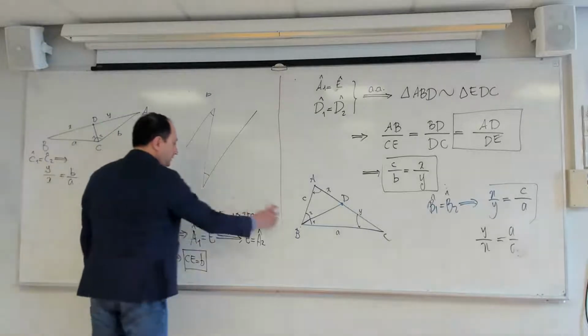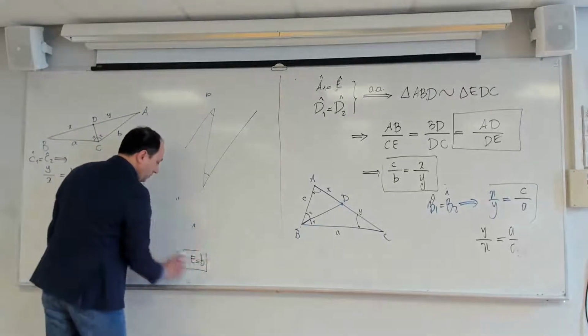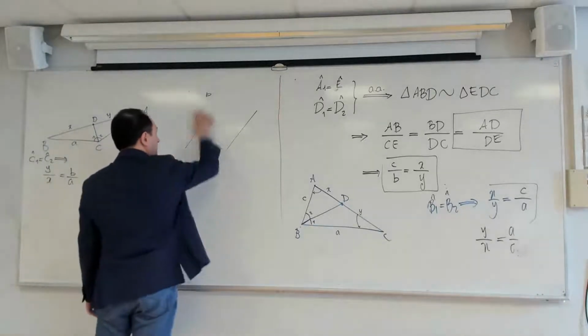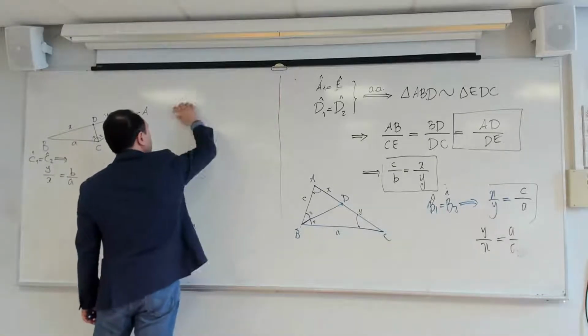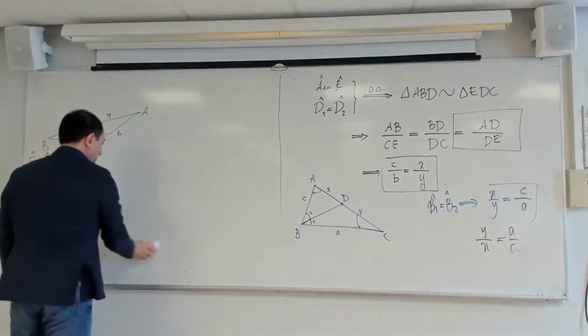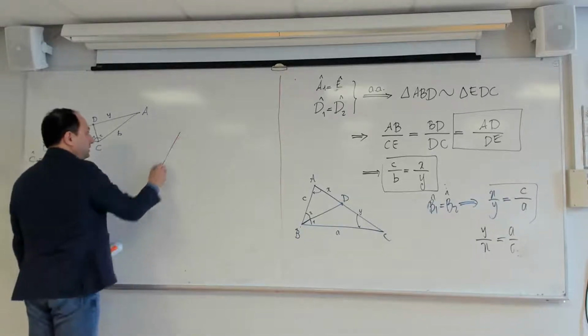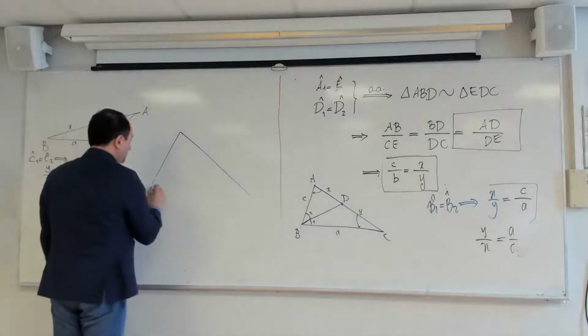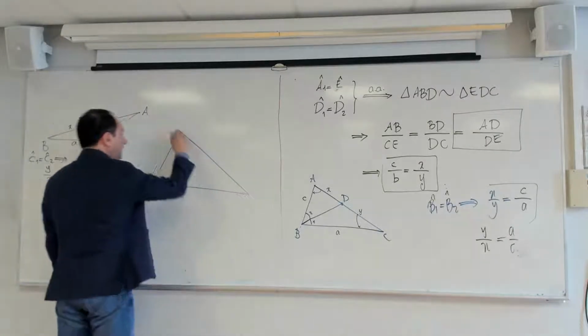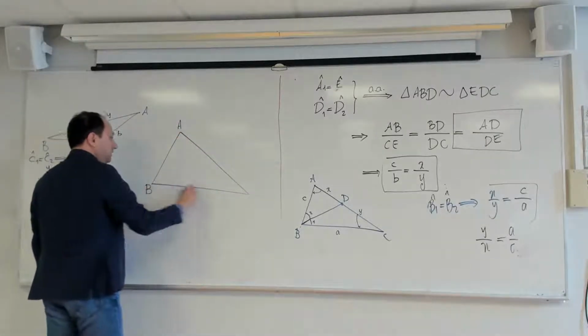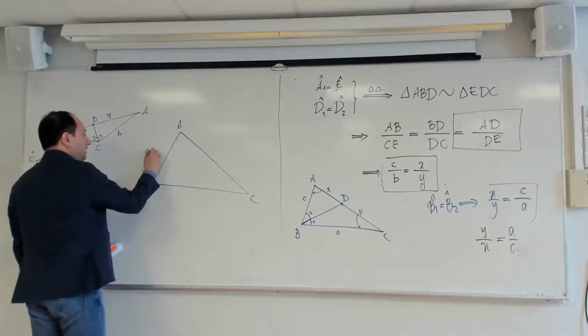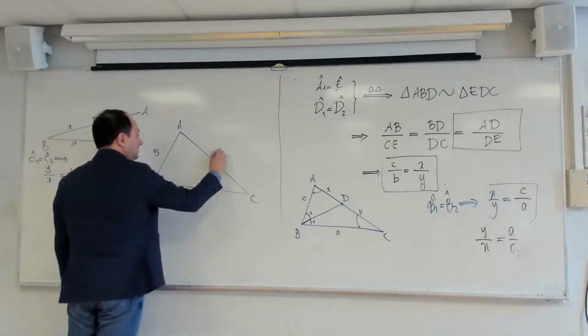Okay, so let me give you an example here. Let me make it a little bit more interesting. So for example, in this figure, I have A, B, C. Let me say that this is 5, this is 8.